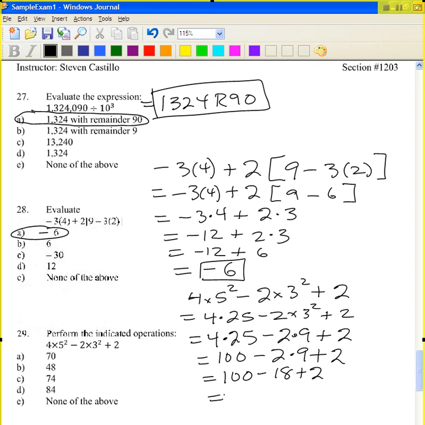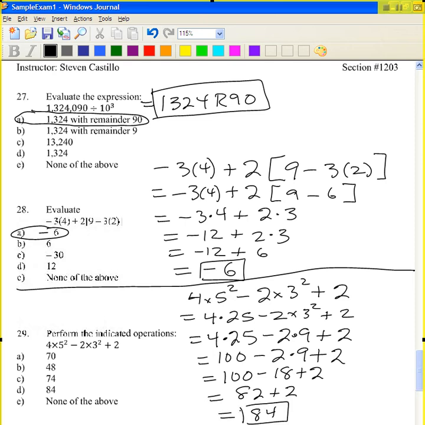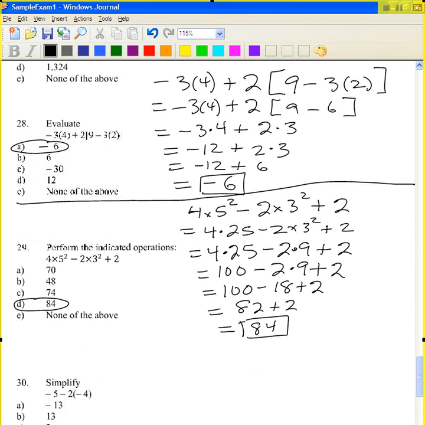Next, I have subtraction, addition, and so that's a tie. So I go left to right. 100 minus 18, 82, plus 2, 84. So my answer is D. Any questions about that?